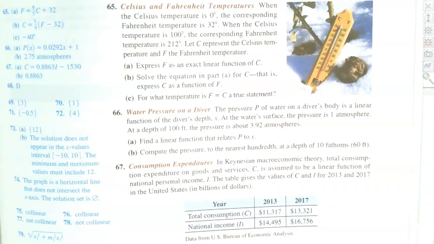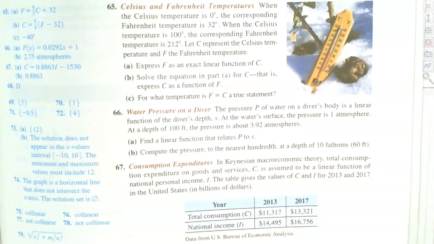And we want to figure out with an equation, if we put in the depth of that water, we want to figure out the pressure. So let's read this question and try to figure out what the components are, write our ordered pairs, and then get our answer in the correct form.